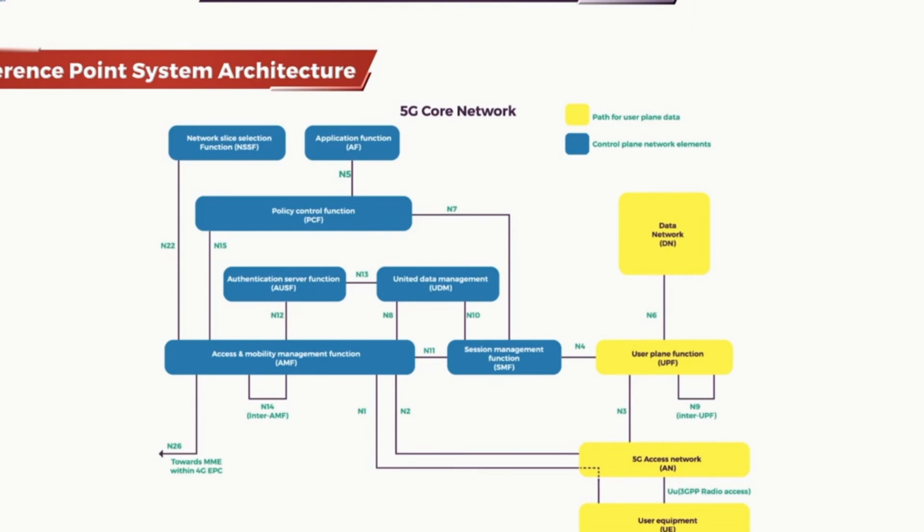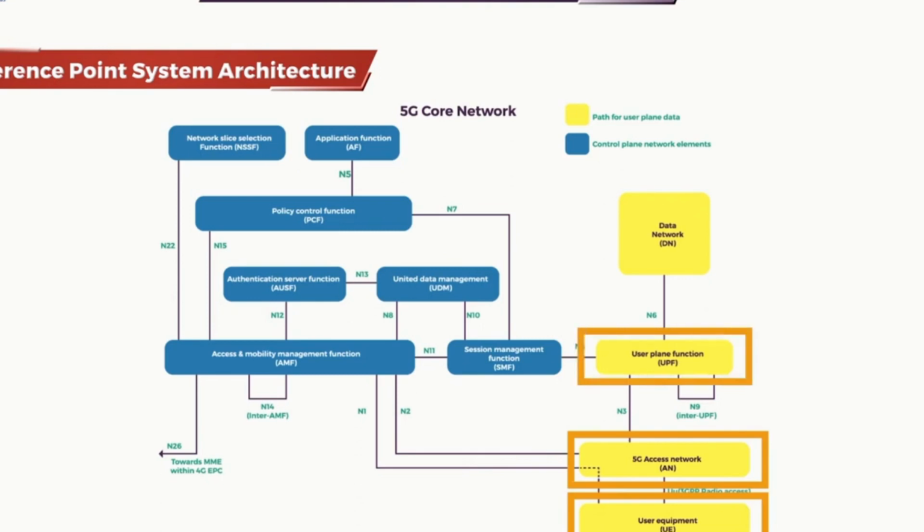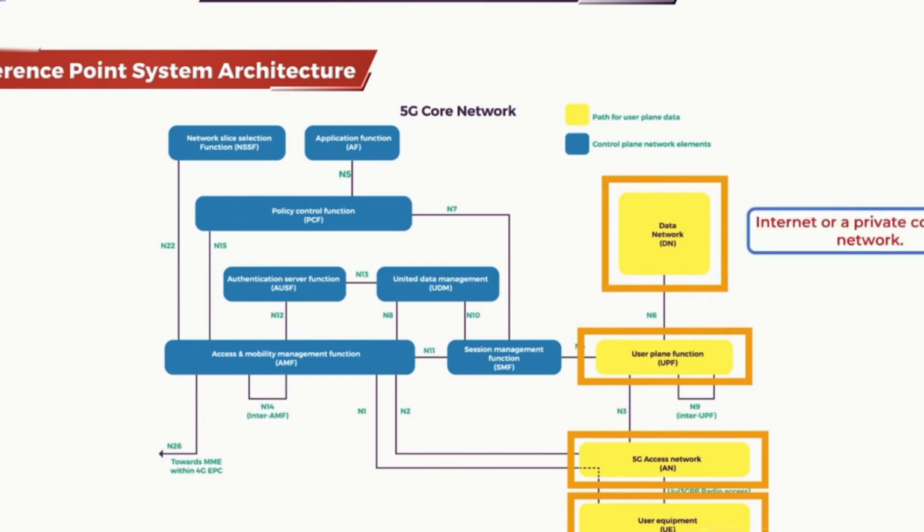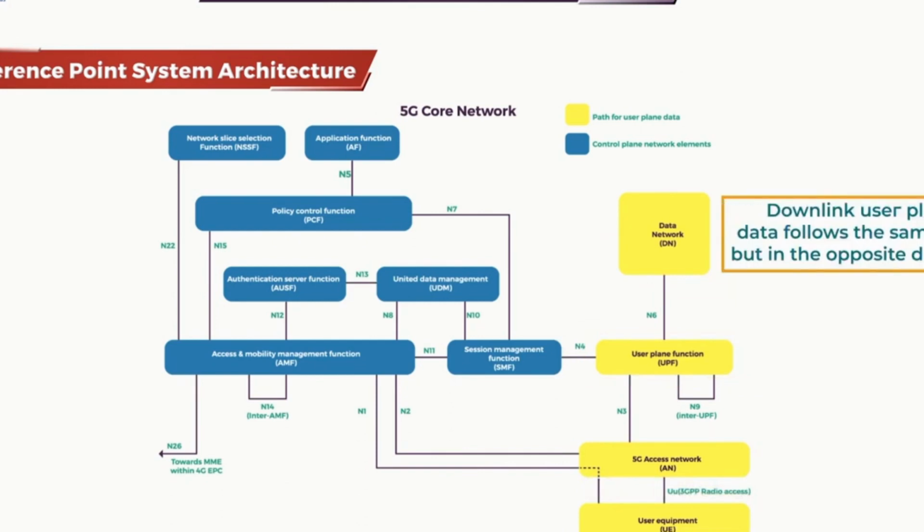Uplink user plane data is transferred from the UE to the 5G access network. It is then transferred through one or more user plane functions, UPF, before being forwarded to an external data network. For example, the internet or a private corporate network. Downlink user plane data follows the same path but in the opposite direction.